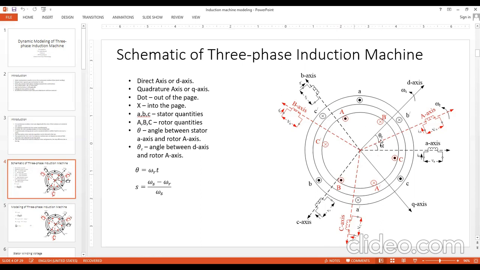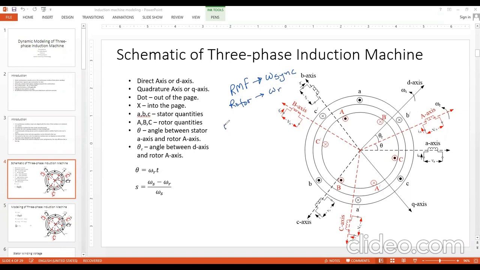Once the rotor starts to move, there is this speed difference. If we denote the speeds, let's say the rotating magnetic field would be rotating at the synchronous speed omega s, or omega synchronous, and the rotor itself would be rotating at omega r.